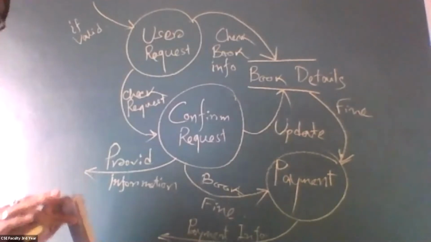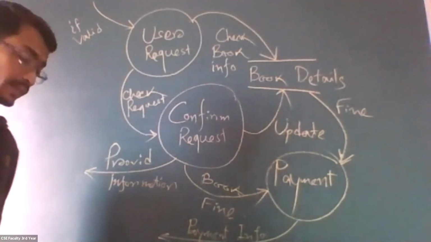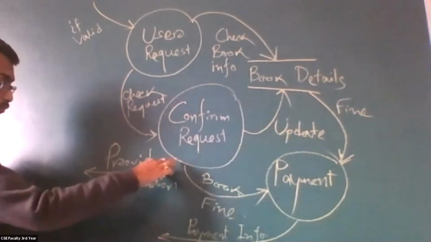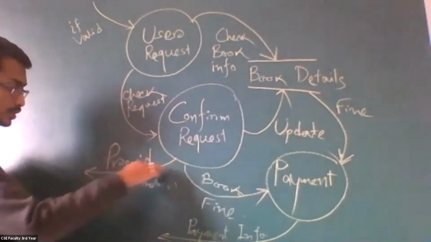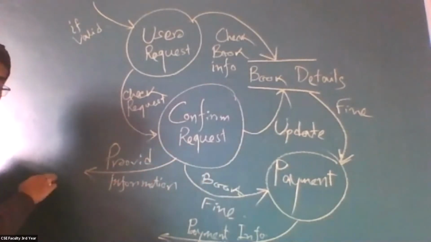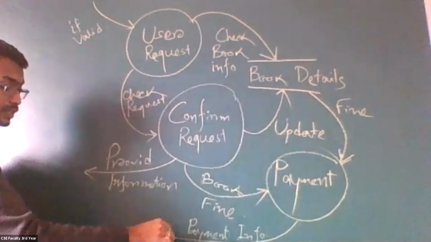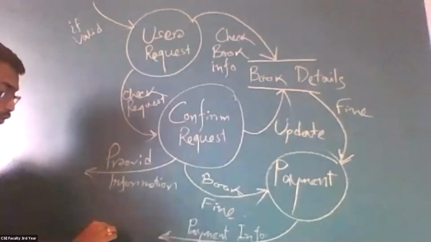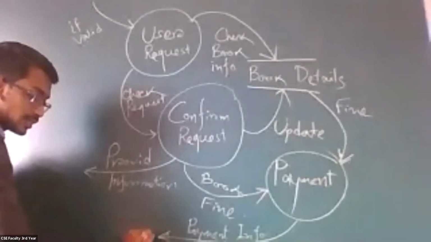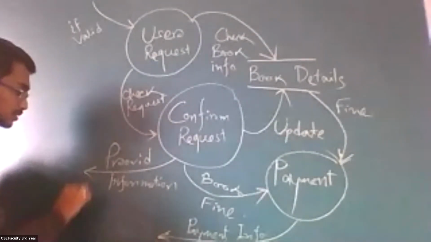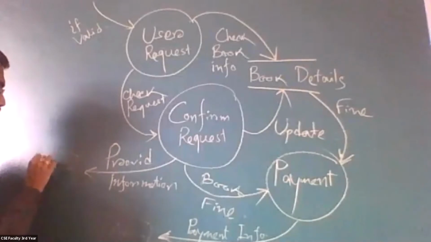We can add external entities. Suppose for confirm request, the information provided to the admin, we can write admin here, and for the payment information going to the admin also. So there are two external entities, admin and admin. Yes, we can write it, but we will not write it in this.